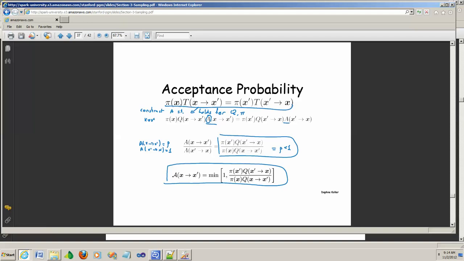A of x to x prime divided by A of x prime to x equals pi of x prime times q of x prime to x divided by pi of x times q of x to x prime. So this is the most important equation you will keep seeing everywhere in the programming assignments, and it is very important to understand. And basically the acceptance probability is given by the minimum of 1 comma this numerator value divided by this denominator value.